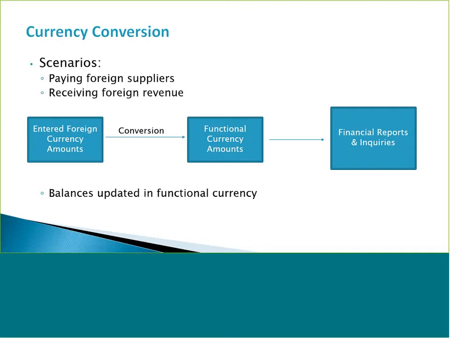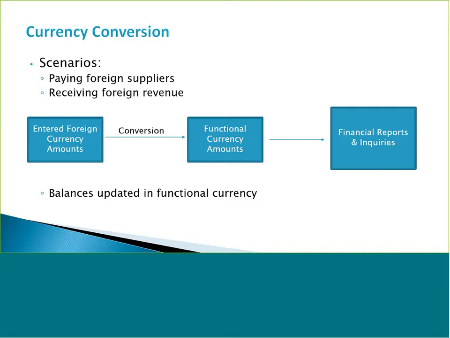So when we talk about currency conversion, we have first to go back to the issue of our functional currency. So what usually happens is we enter journals in our functional currency. In our case, our imaginary company, Maskani, the functional currency that we're using for our primary ledger is the US dollar.